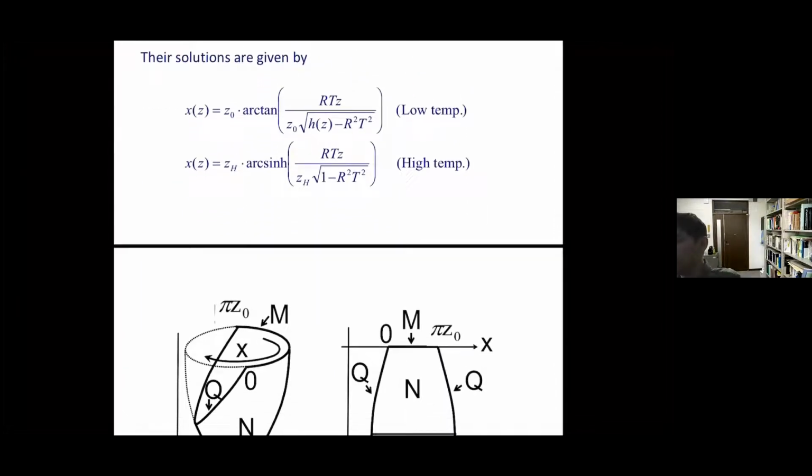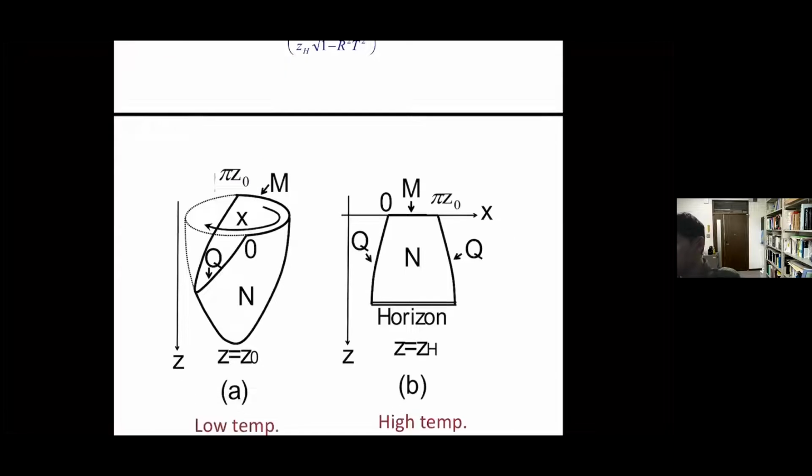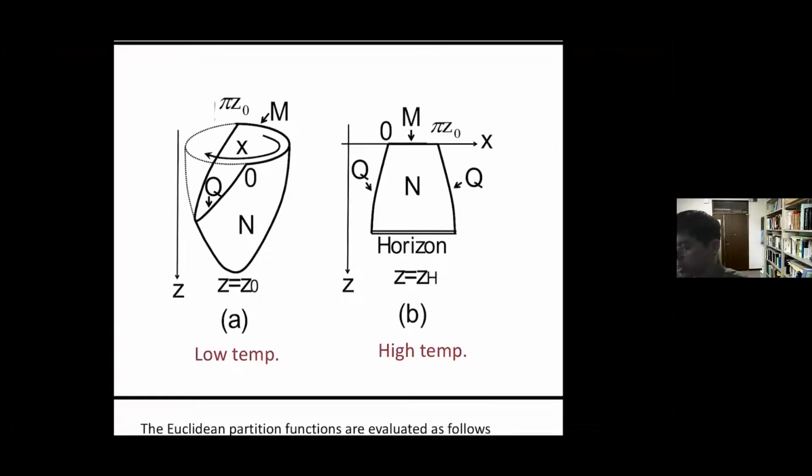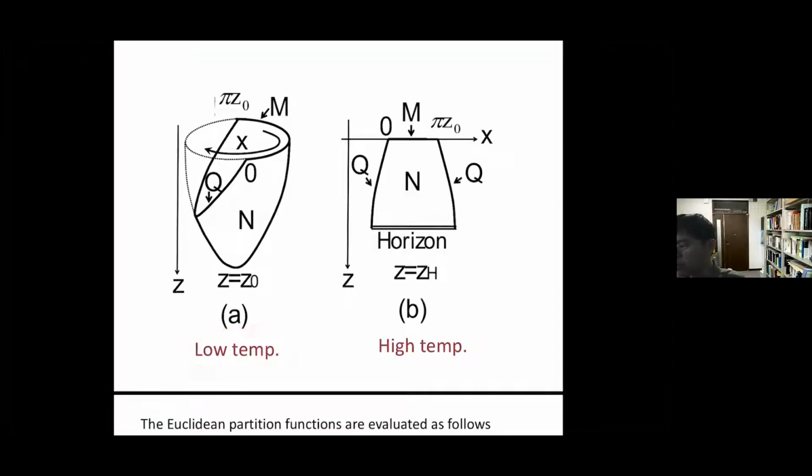Okay, so here is the explanation. This is the low temperature solution. You have a soliton-like geometry originally. This is the AdS soliton, and I'm not writing it, the tau direction is outside. The tau direction is just a circle, S1, right? The tau coordinate is just S1, and tau is always a circle.